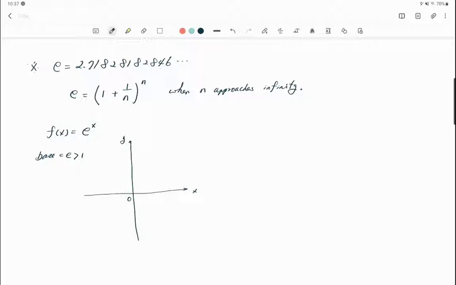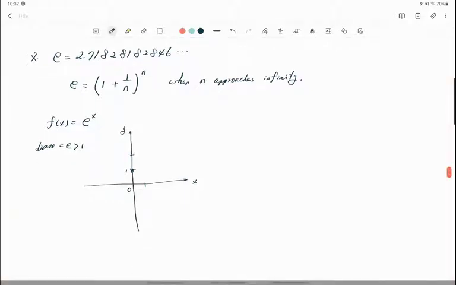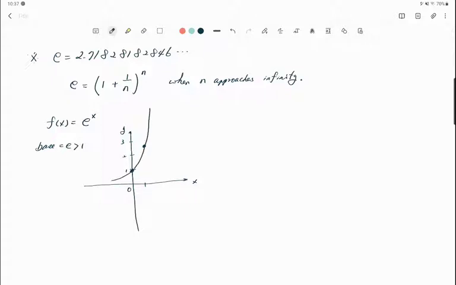Always 1. If x equals 1, then y is e, which is 2.71, so it's going to be somewhere like this. If you graph it, it looks like this. So this is the graph of f of x, which is e to the x.